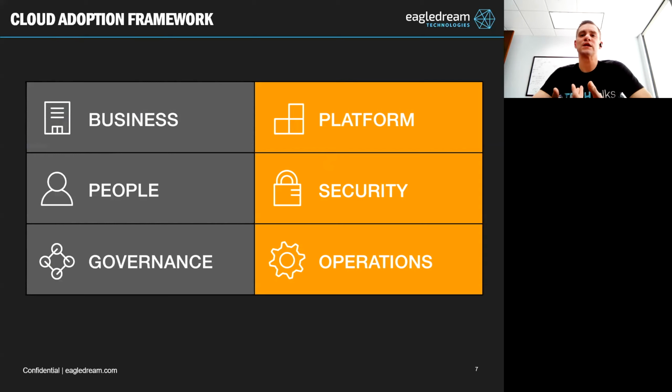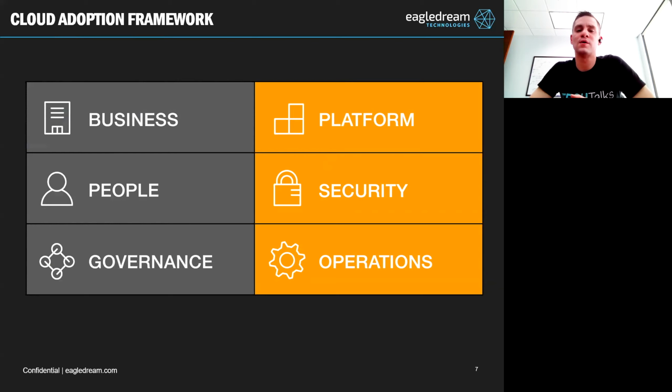AWS really does a good job of breaking apart businesses into 6 key focus areas. And they call these perspectives. So those areas are business, people, governance, platform, security, and operations. So this really helps businesses map that journey to the cloud, so they can look at their current state, look at where they want to be, their target state, and help them along that transition to reach the target state.